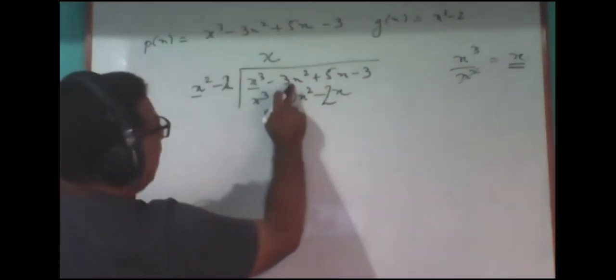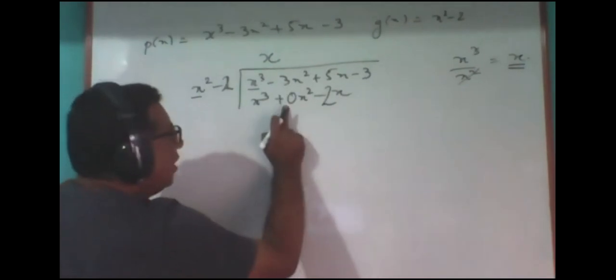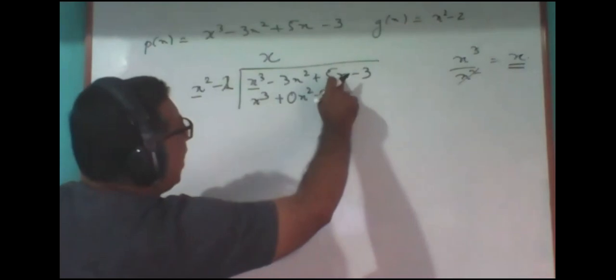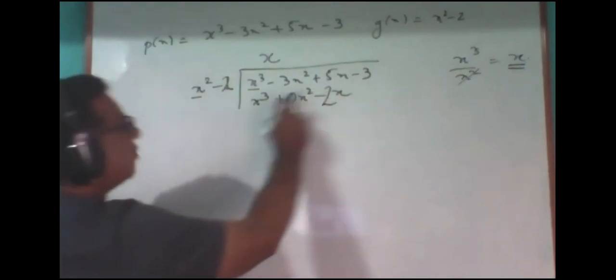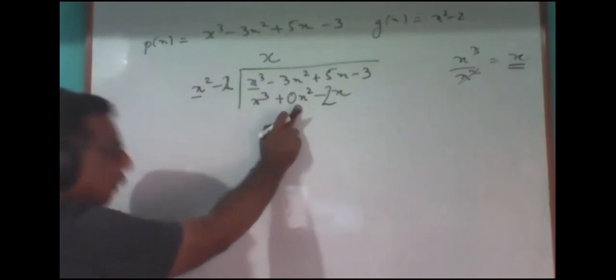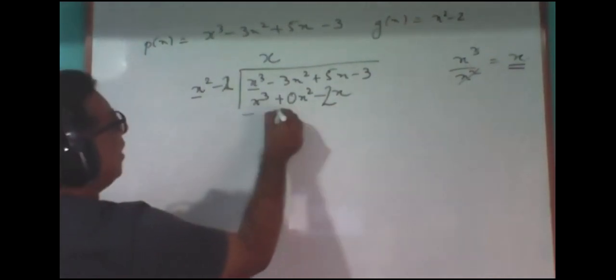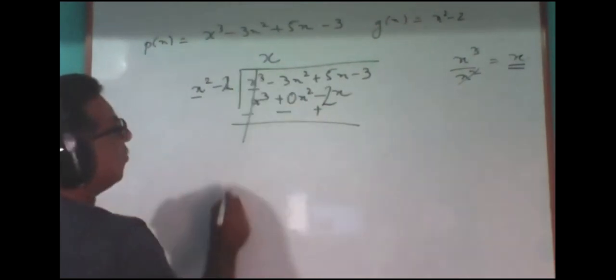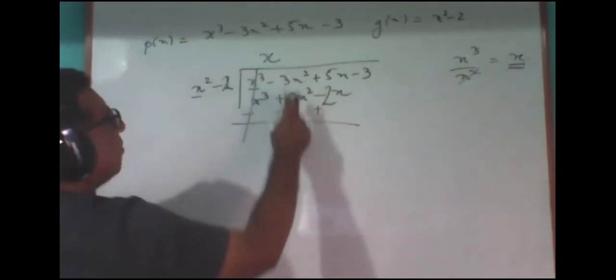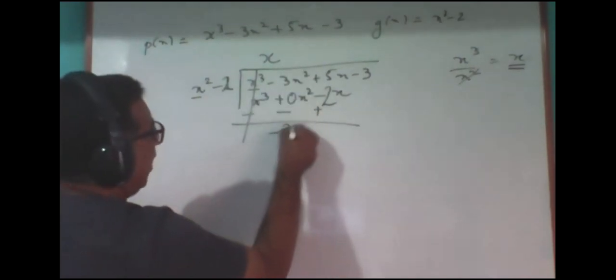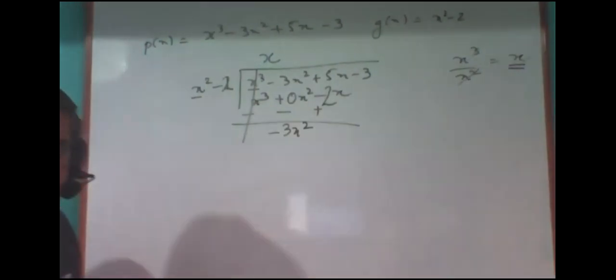Here it is 3x square, so don't write minus 2x below it, but write 5x below that. The middle term is missing, so write 0x square. Now change the sign: minus, minus becomes plus. X cube gone. Minus 3x square minus 0x square, 0 doesn't have any value, so it will be minus 3x square.